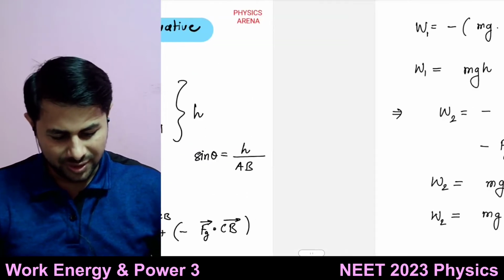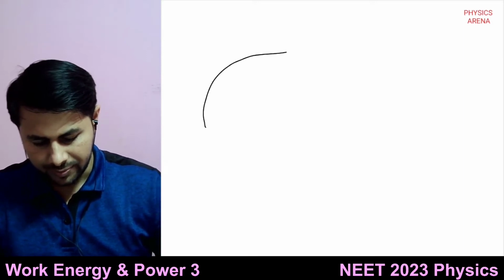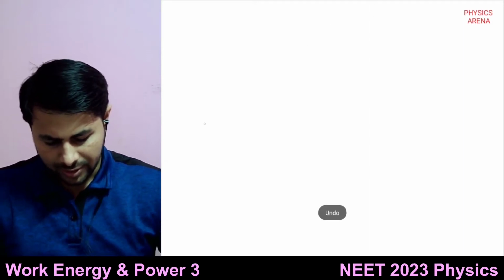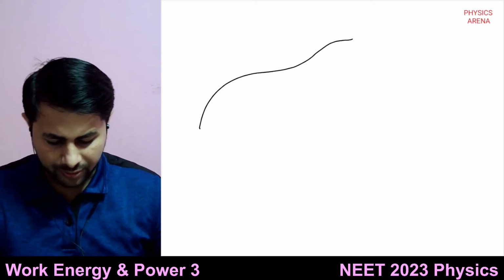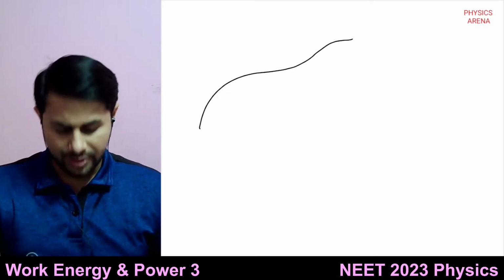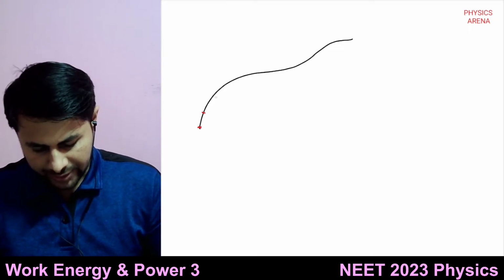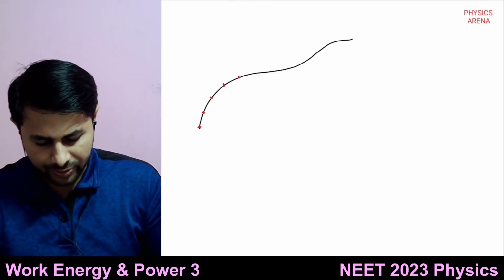How? See how. Take any curve. I will take a little bit simple curve like this. It can be broken down into n number of segments like this: one segment, second segment, third segment, fourth segment, and so on.